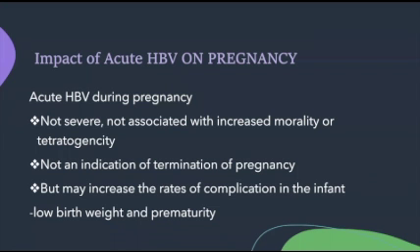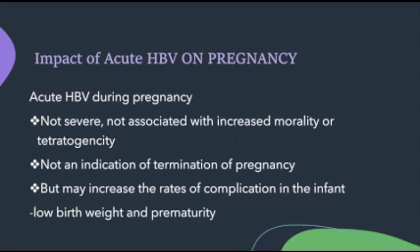So hepatitis B and C can also be included among the other viruses group. Acute hepatitis B during pregnancy is usually not severe, not associated with increased mortality or teratogenicity, and not an indication of termination of pregnancy, but may increase the risk of complications in the infant.